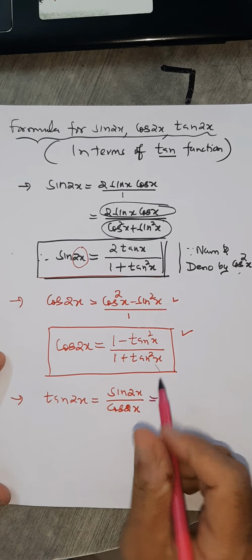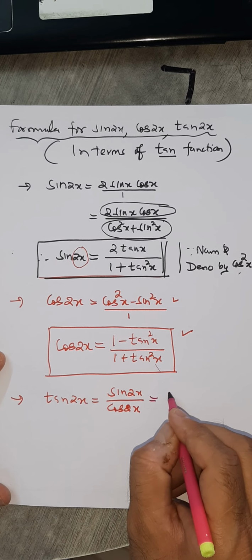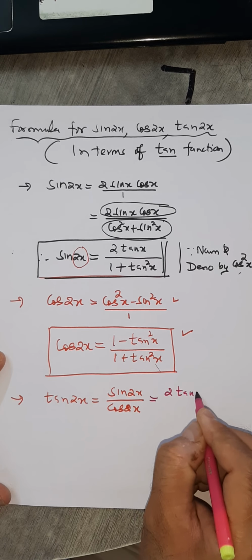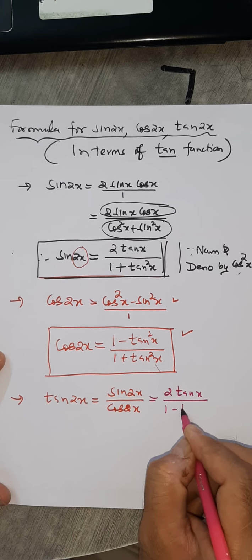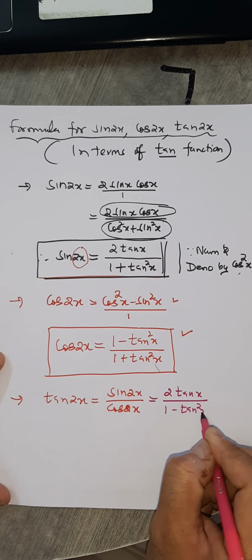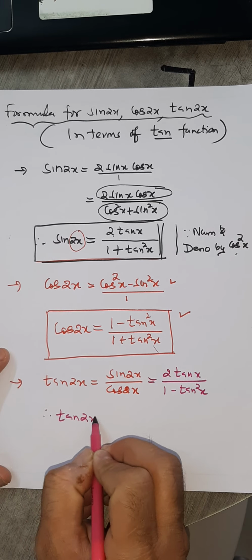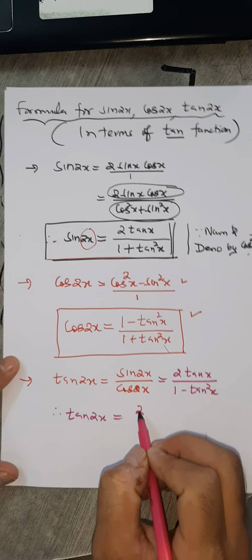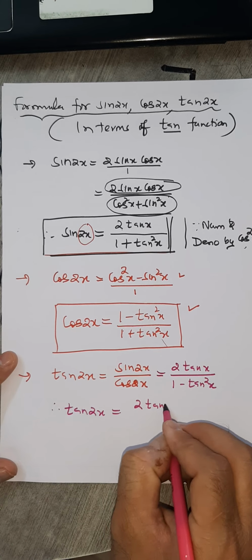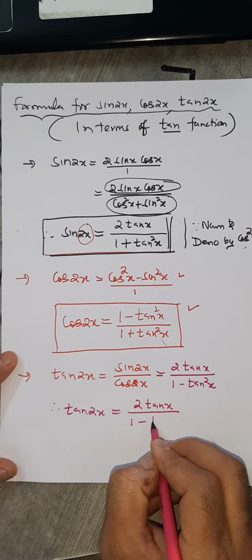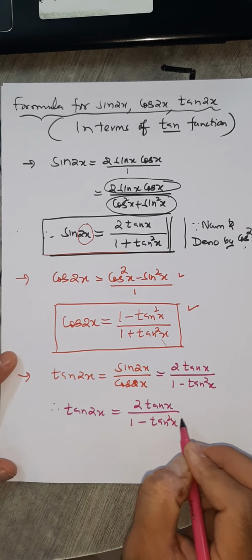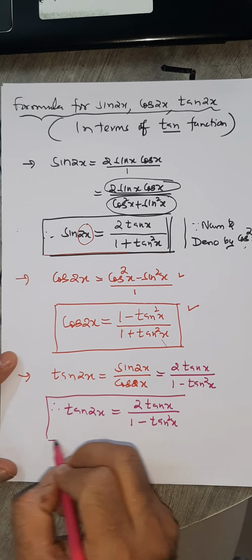So the plus term will get cancelled, and you are left with 2 tan x upon 1 minus tan square x. Therefore, finally, tan 2x equals 2 tan x upon 1 minus tan square x. Here you have the minus, remember.